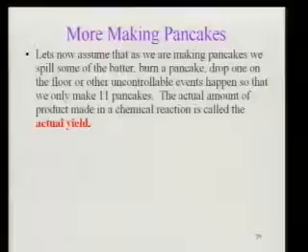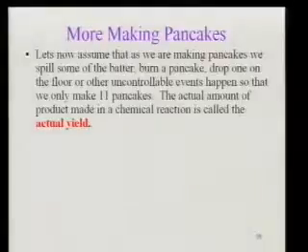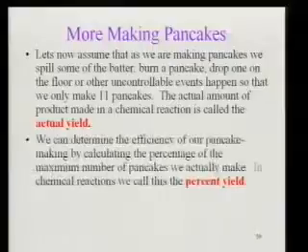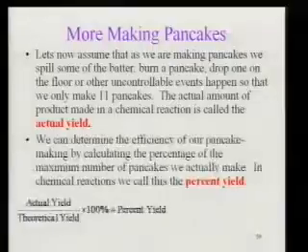Yep, your actual yield divided by your theoretical yield to turn that into a percentage, right? It's just like shooting free throws. How do you know you're a 70% free throw shooter? Because you shoot 10, if you hit 7 of them, 7 divided by 10 is 0.7. That's 70%, right? It's the same thing. Okay, so we can calculate what's called percent yield.